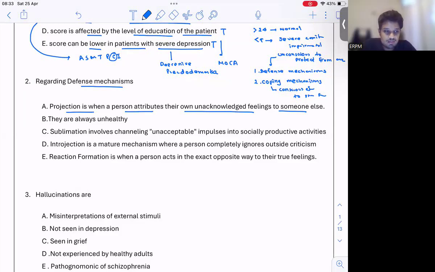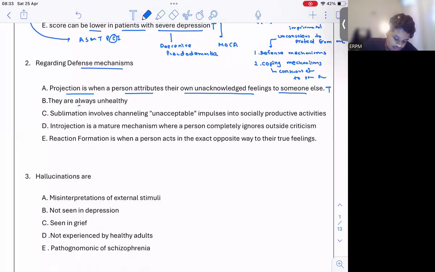For example, a person with projection has aggressive thoughts inside, but he projects those aggressive thoughts to someone else. He says that someone else is aggressive, someone else is hostile. So that's an unhealthy defense mechanism. That is true.